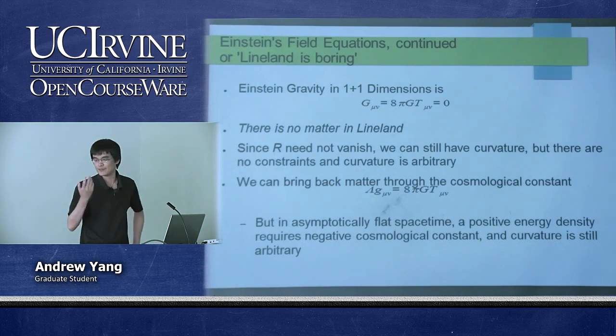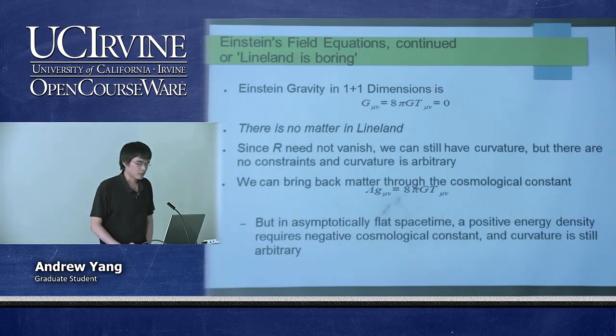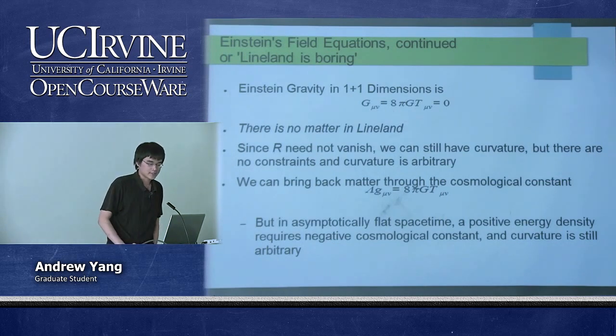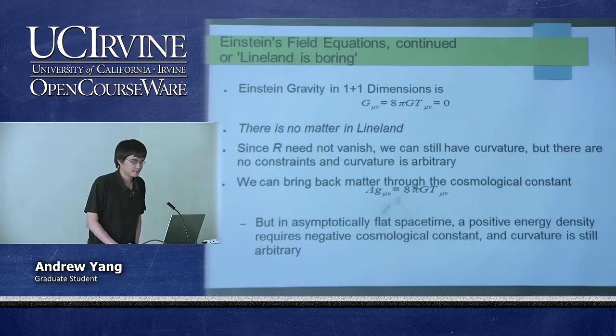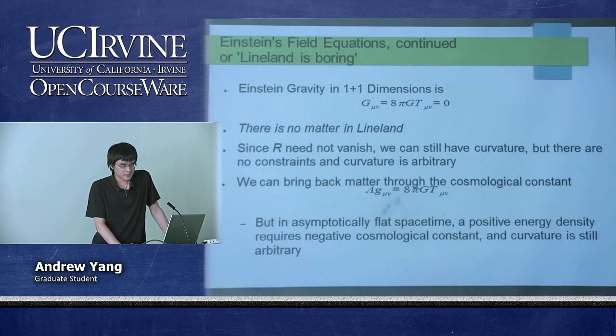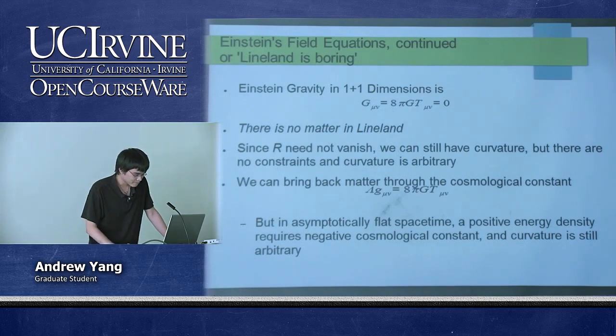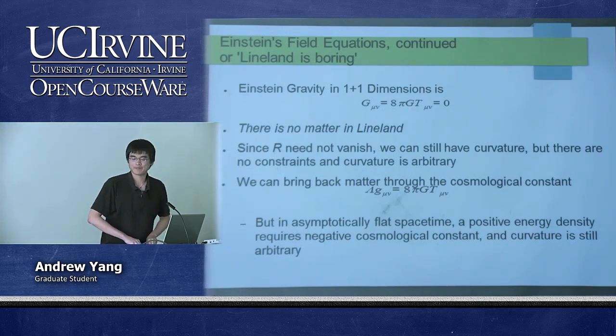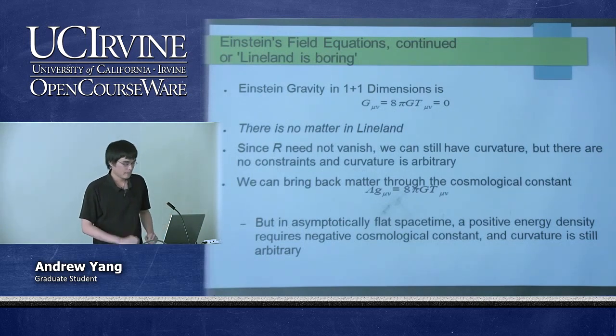But then we notice some strange things: if we require a positive energy density, then the cosmological constant has to be negative. And it really still doesn't solve our problems with curvature. So from this point of view, it looks like we're not in the best of shape when dealing with 2-dimensional gravity, right?